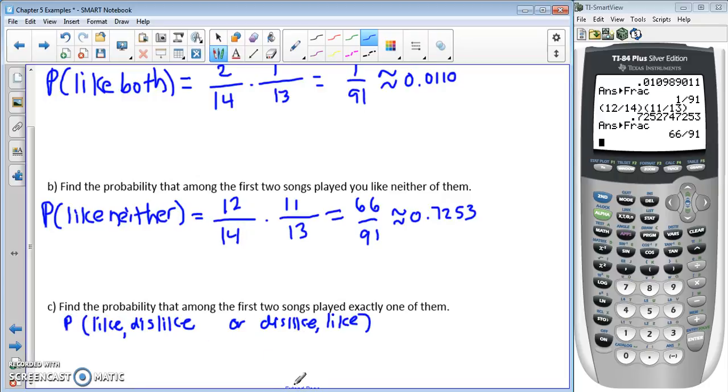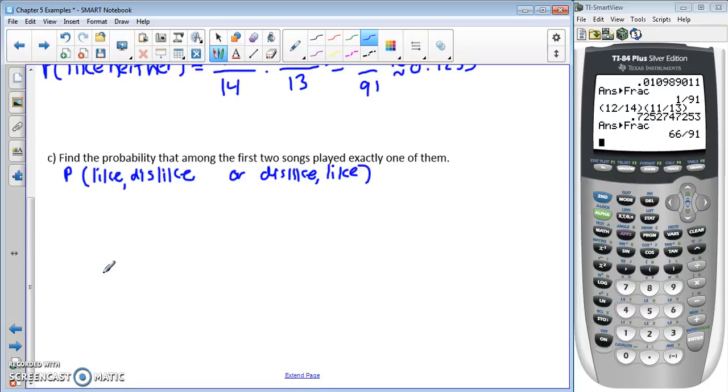So since we have or here, to tie these things together, that means that, so we do like and dislike. Or means addition, right? These are mutually exclusive, so I can just add those together. Right, so we want like and dislike, so I can multiply these together.